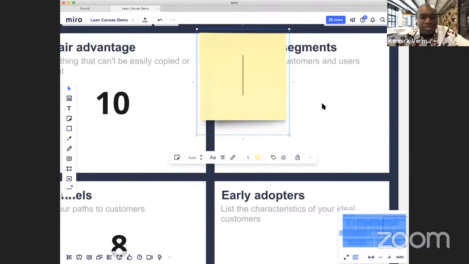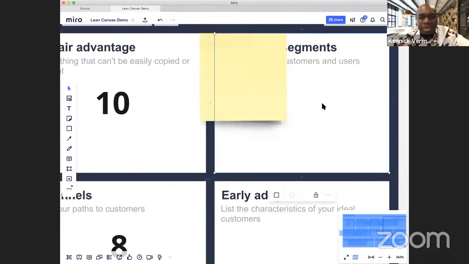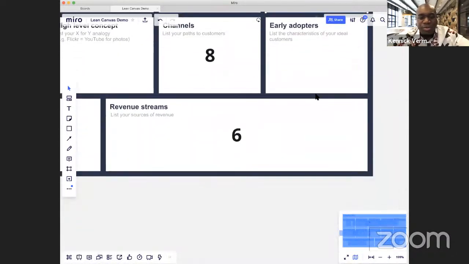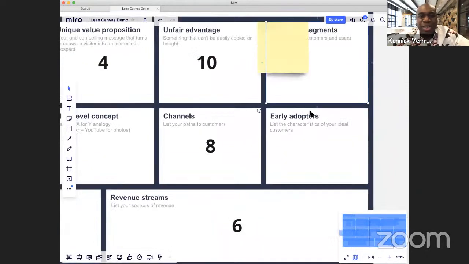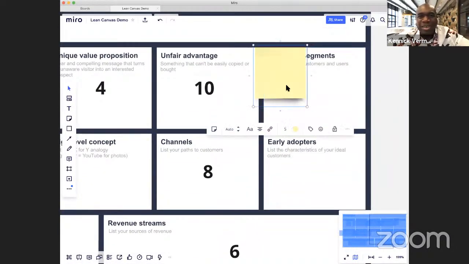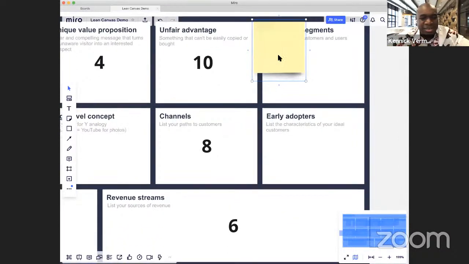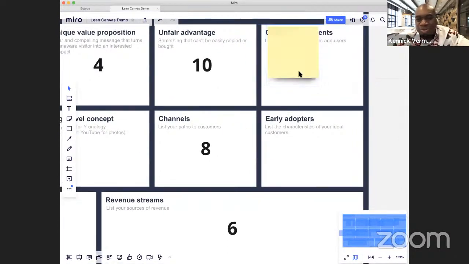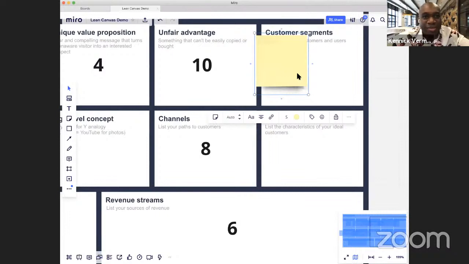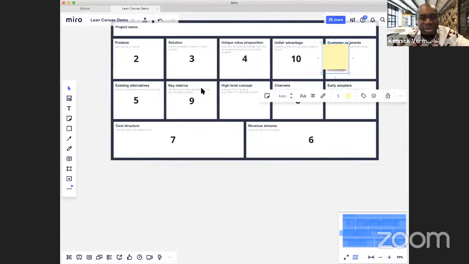We're not going to focus on this because it's not feasible. Or let's say if later down the line you get all the way up to your revenue stream and you're realizing that maybe this customer segment does not like to pay this way, you might then say, let's scrap this customer segment and add a customer segment that does like to pay this way. But then you'd have to go and fix everything else about this.